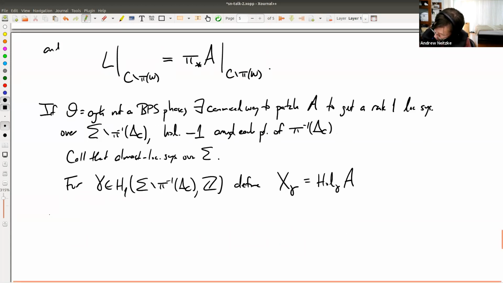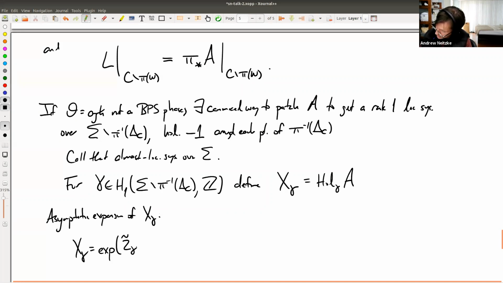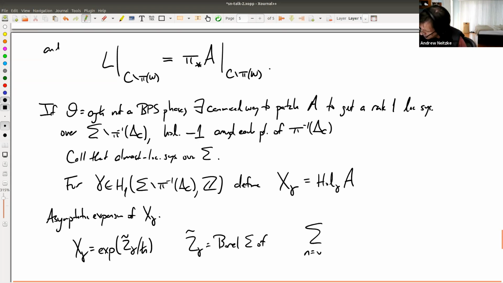So we understand completely the asymptotic expansion of this function x gamma. I'll just write it, x gamma is the exponential of z twiddle gamma over h bar, where z twiddle gamma is the Borel summation of just what you get by integrating our corrected one form term by term around the cycle gamma.